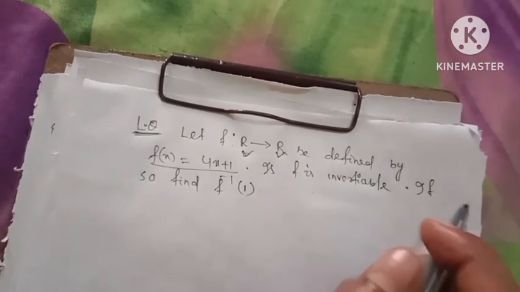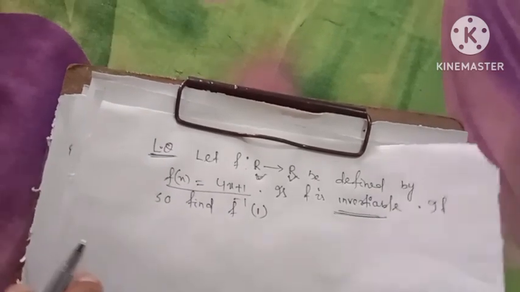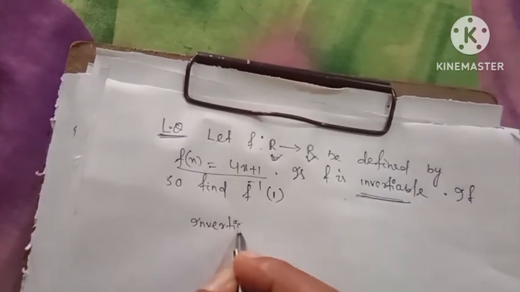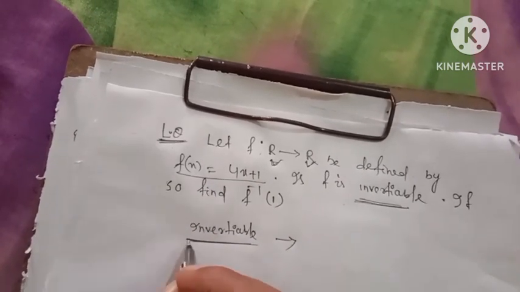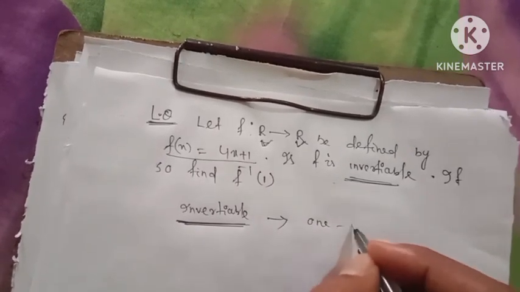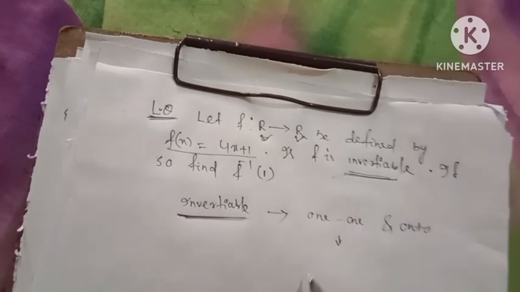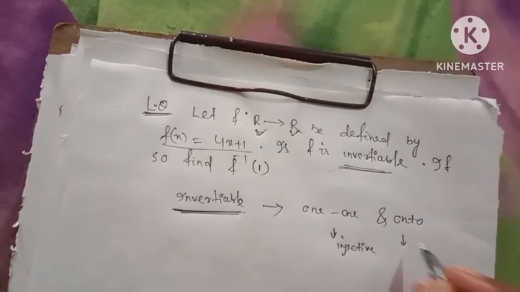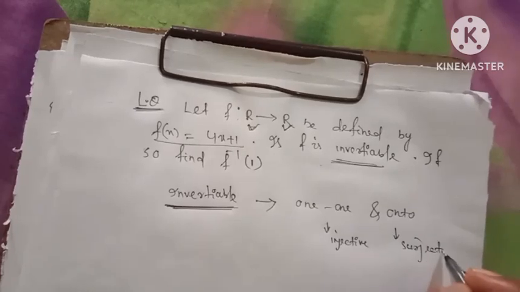Is f invertible? When a function is said to be invertible, it means the inverse exists. Invertible means one-one, that is injective, and onto means surjective.